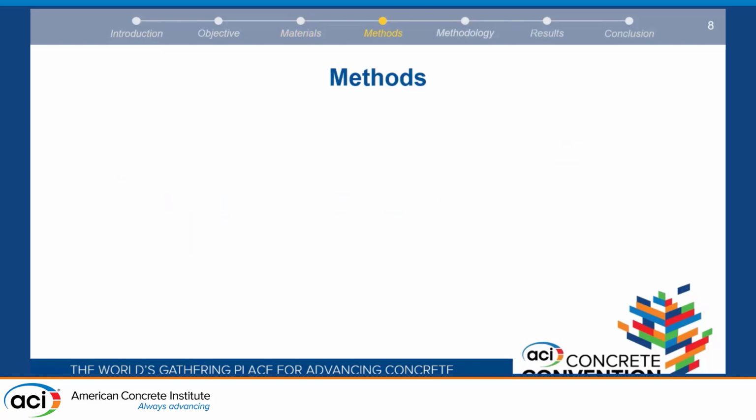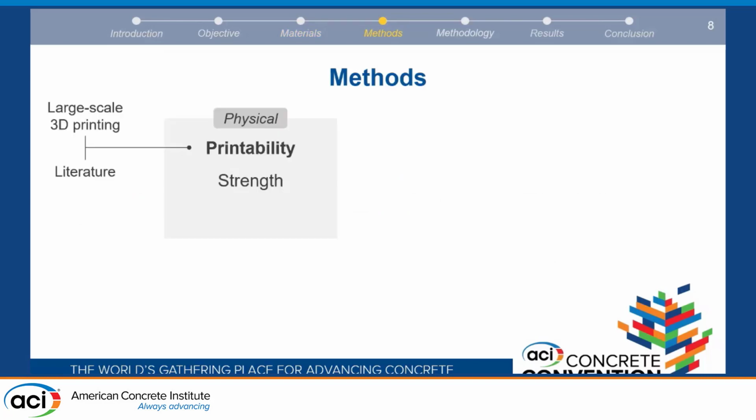In terms of methods, the physical characteristics are covered with rheological tests detailed on the next slide. The printability is defined through a literature review and through actual large-scale 3D printing at ETS Montreal.